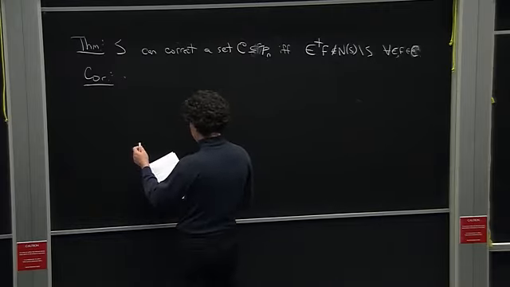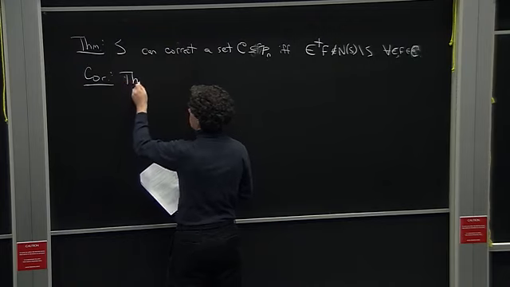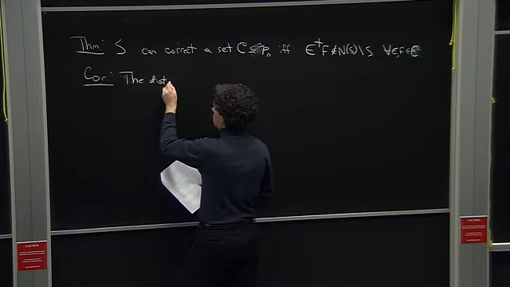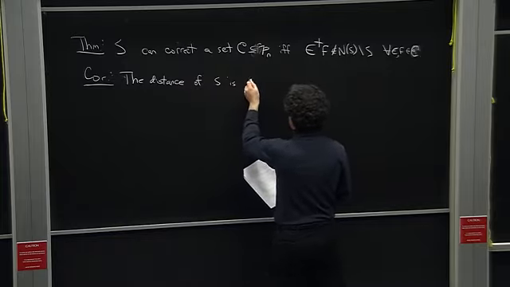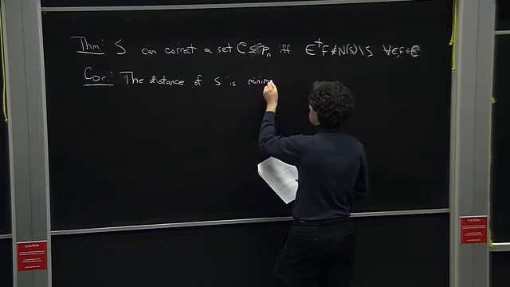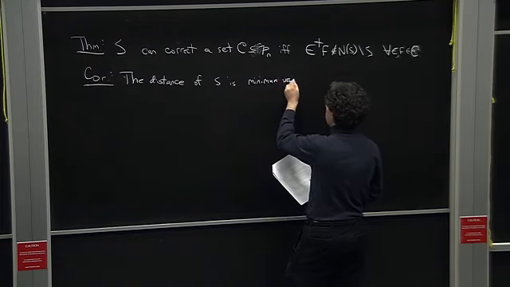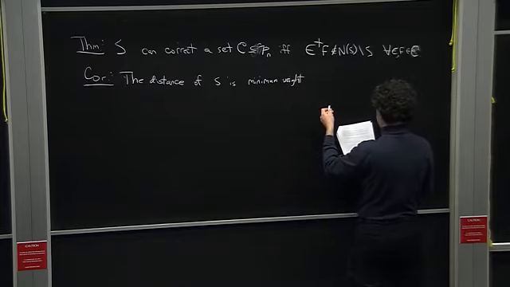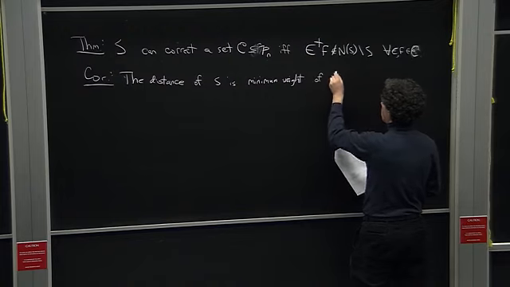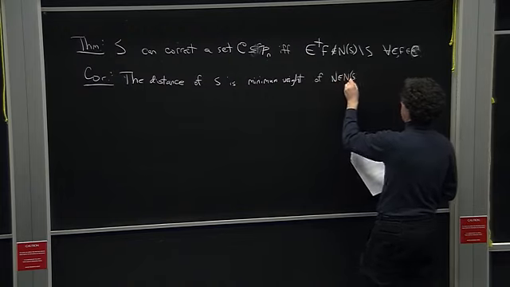So in particular, the distance of a stabilizer code S is the minimum weight of an element of this undetectable set.